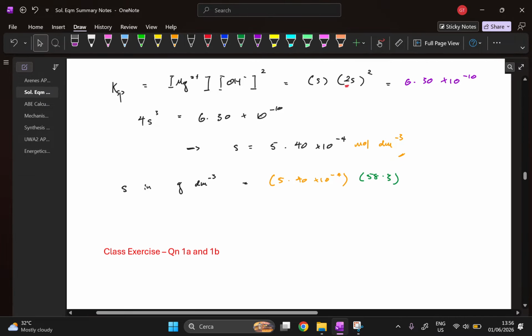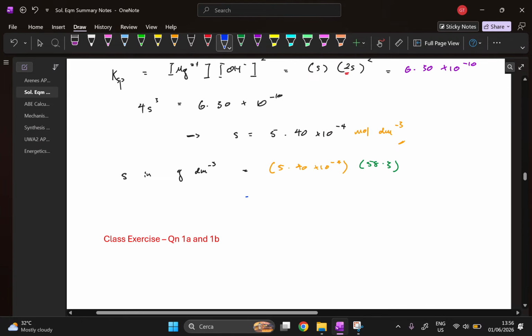If you just do this simple math, you should get a value of 0.0315 grams per dm cube. So I hope this conversion makes sense to you.